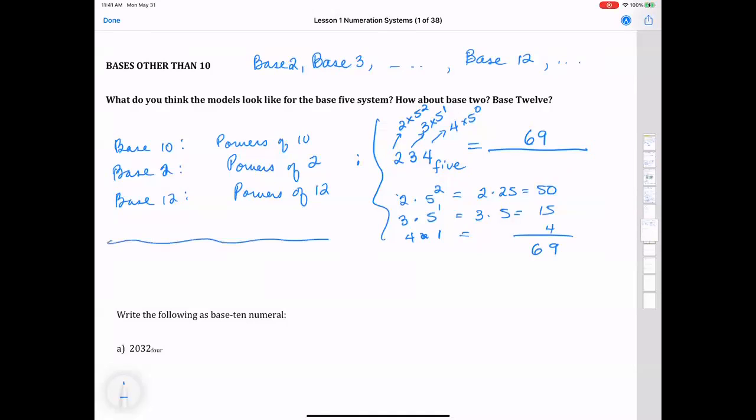How about if I have a number in base 2? 1, 0, 1, 1, 1, 0, 1. Okay, base 2. Let's see what this looks like.